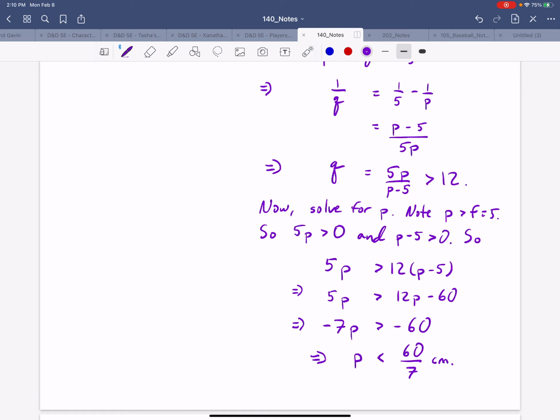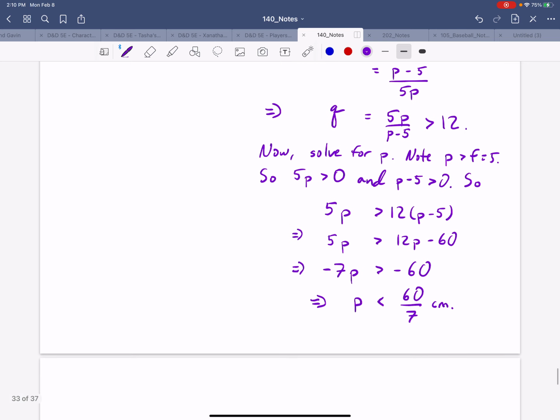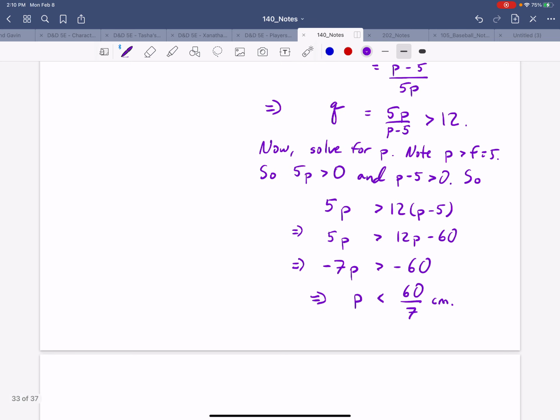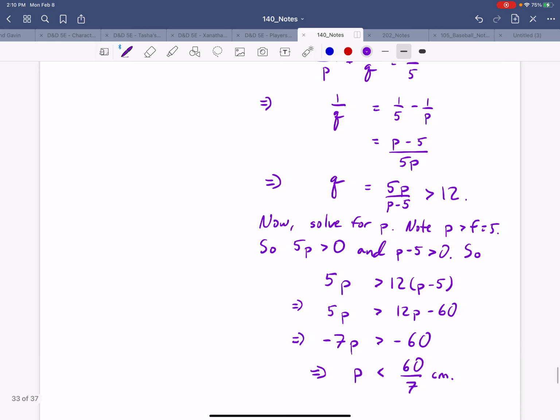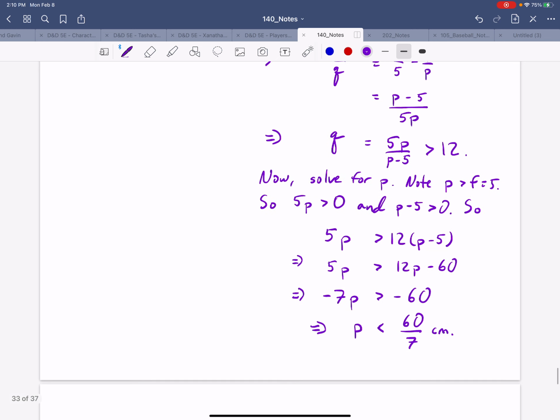Now again, if you want to be super precise, then you could say that P is between 60 over 7 on the upper bound and, I guess, 5 centimeters on the lower bound. Maybe I'll just put this in right here.